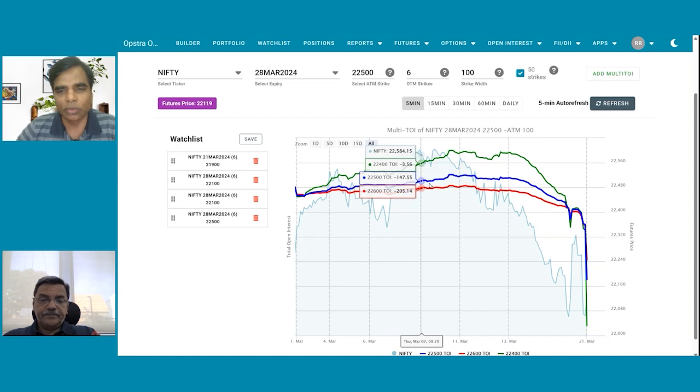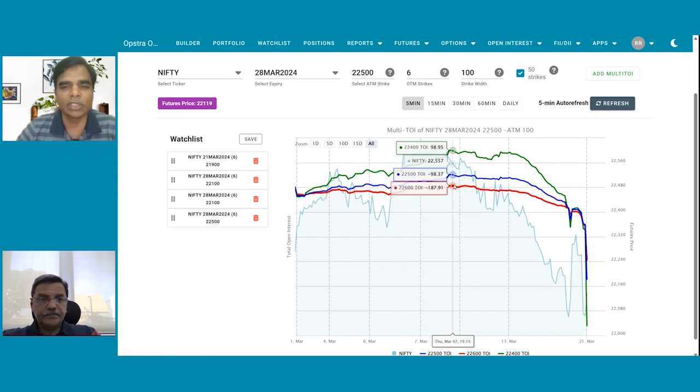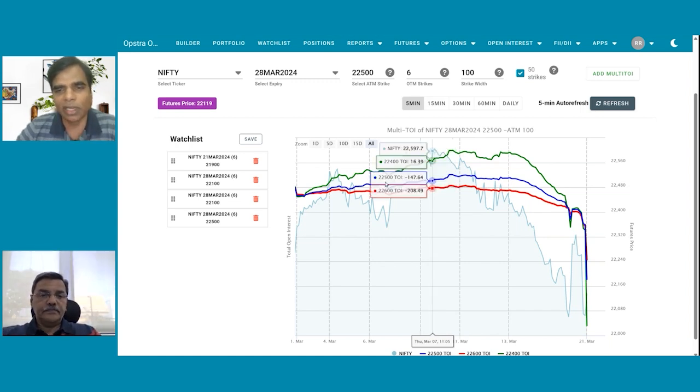So basically 22,500, 22,600 are saying be cautious with your longs and either trim your longs or don't add new long positions. That's what TOI was suggesting. And you can clearly see the divergence between 22,400 and 22,500 and 600. Yeah, so 22,500 and 600 on one side and 22,400 on the other side.